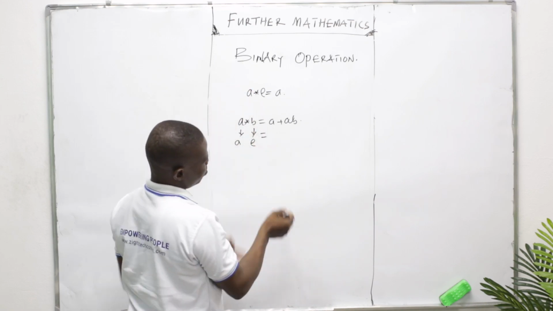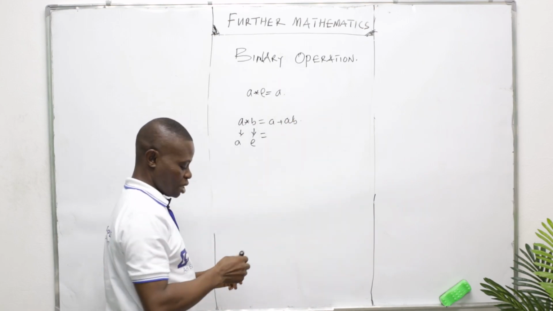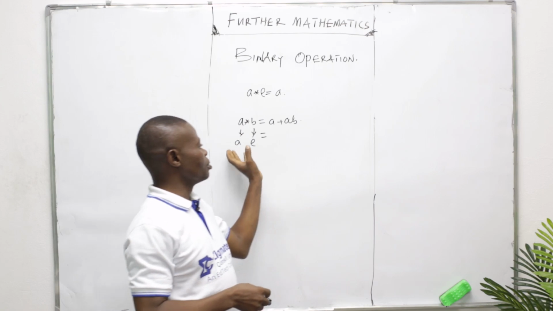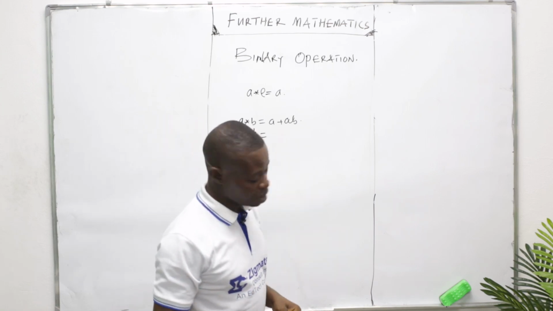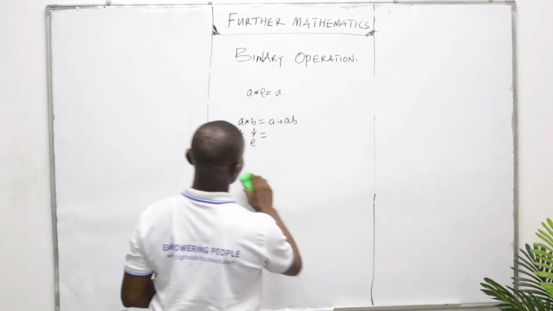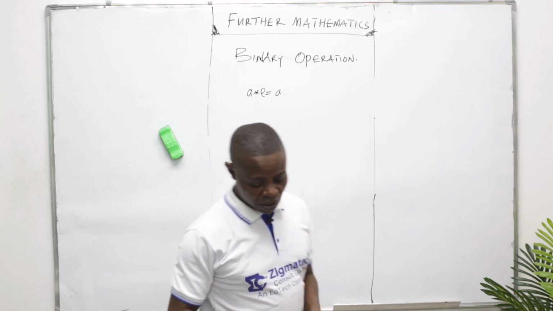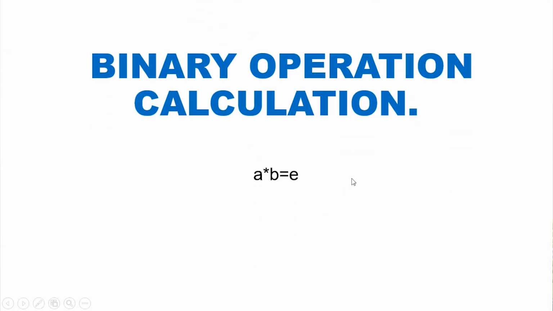The identity element. And it's going to produce the first one. So that's just the rule guiding it. Well, let's look at our questions. A operating on identity element equals A.